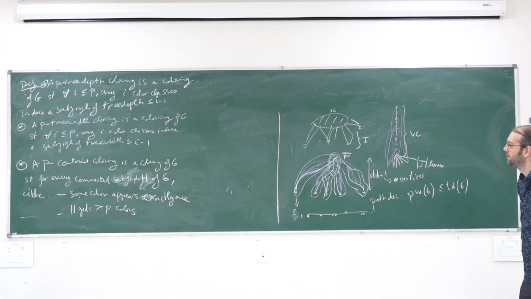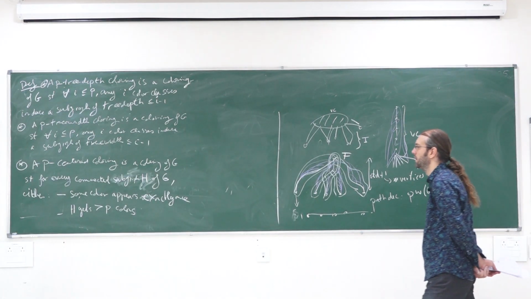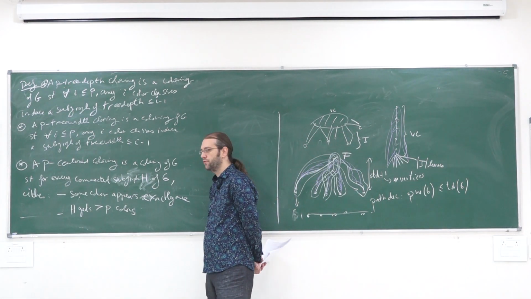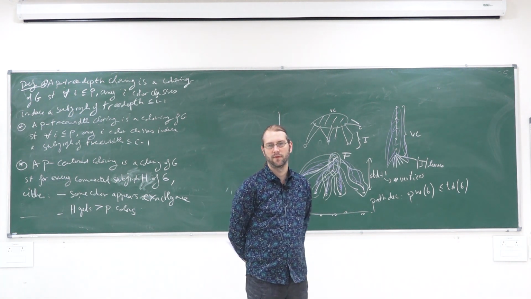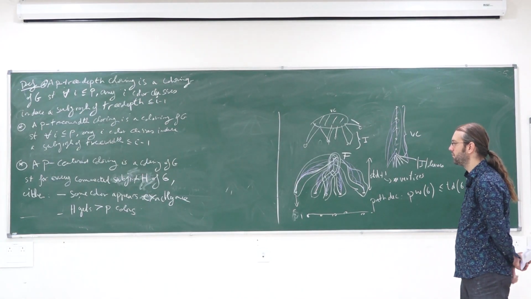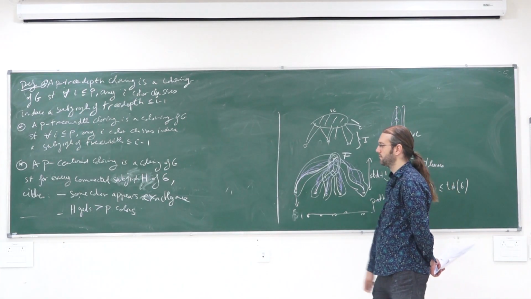A p-centered coloring is a coloring of your graph. If you take any connected subgraph of G, either it receives a lot of colors, strictly more than p, or, if it has few colors, then one of these colors appears exactly once.